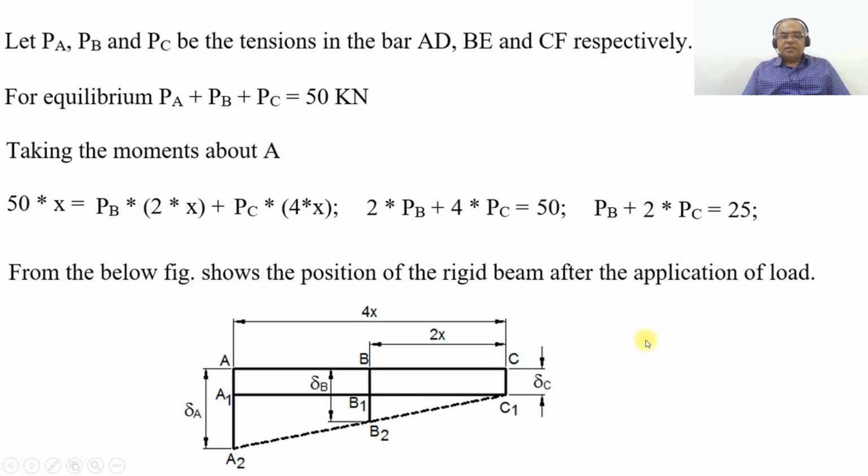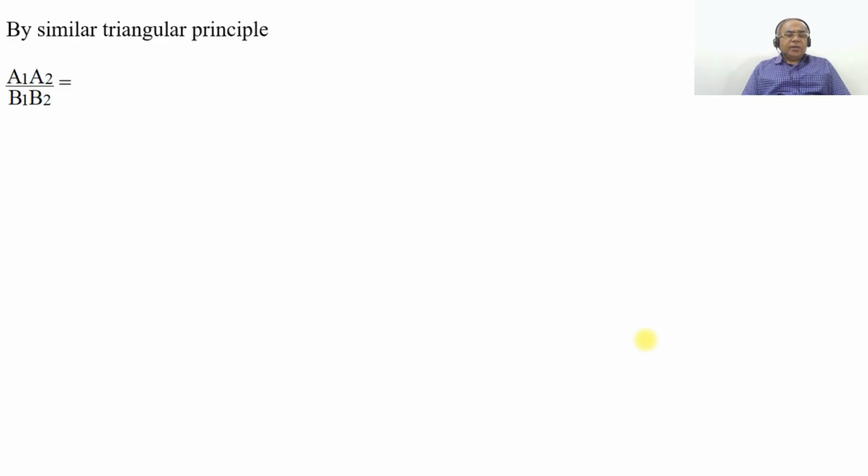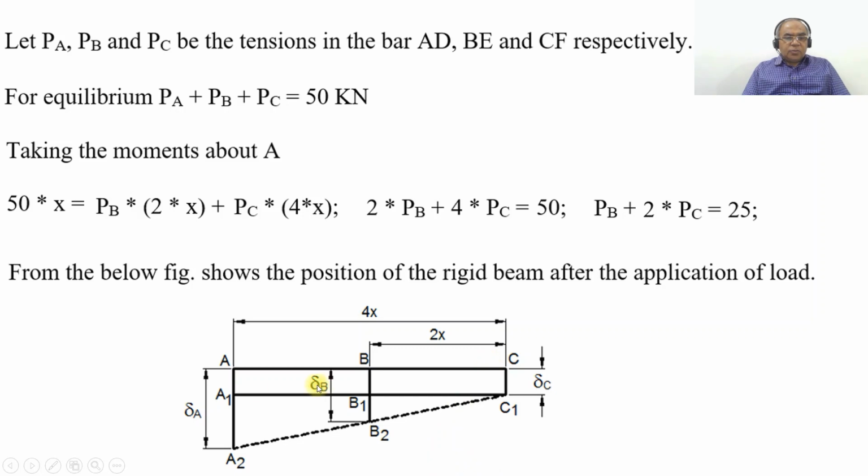So A1A2 by B1B2 is equal to 4x by 2x. What is A1A2? A1A2 will be equal to delta A minus delta C. What is B1B2?